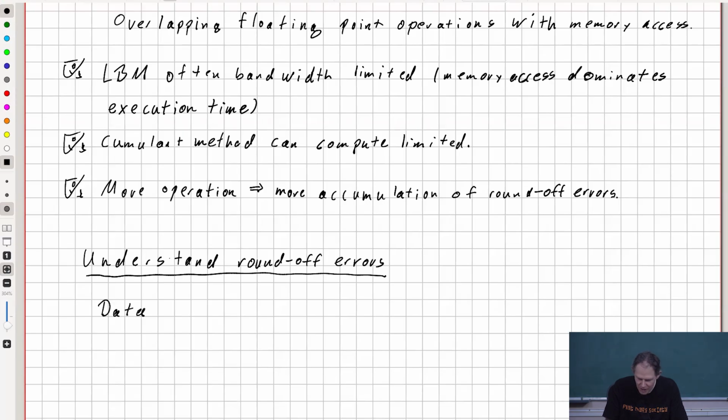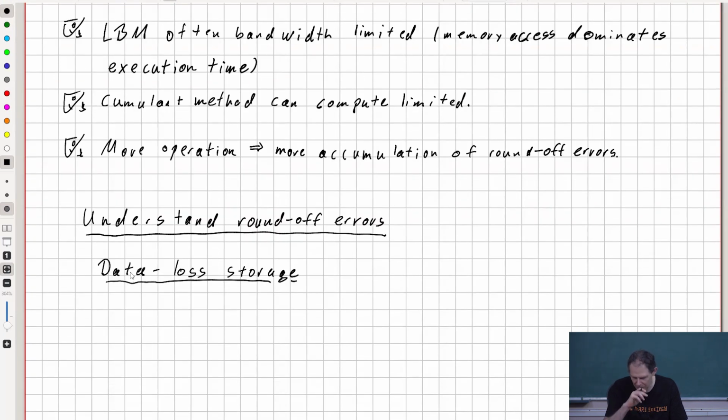The first problem is the data loss in storage. This does not actually have anything to do with the computation itself. So we have data loss in storage, and this is related to the way we store our information in the populations. So we have the populations f_ij, say in 3 dimensions.